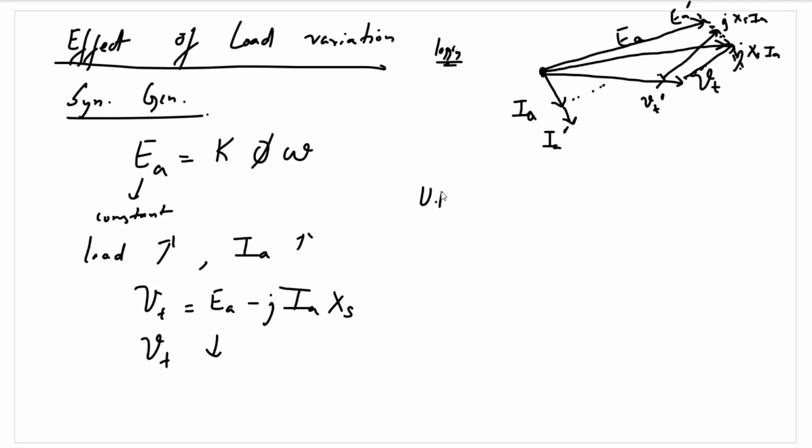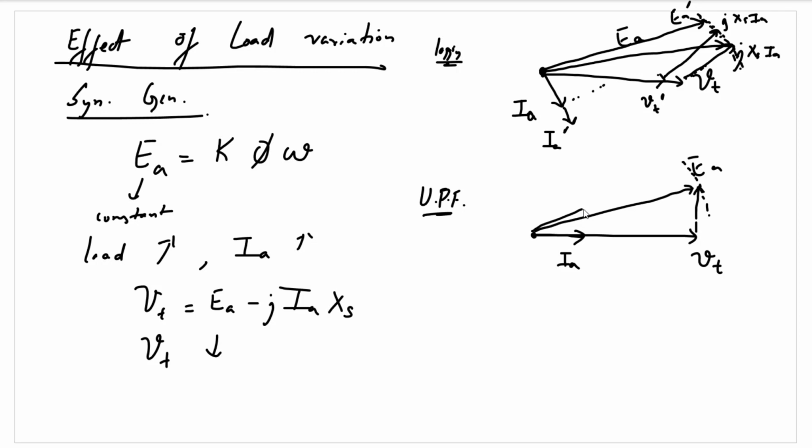For a unity power factor, if this is VT, in this case IA will be in this direction. Accordingly, j times XS IA will be somewhere here, and this will be EA. Now as we increase load, EA has to remain constant.